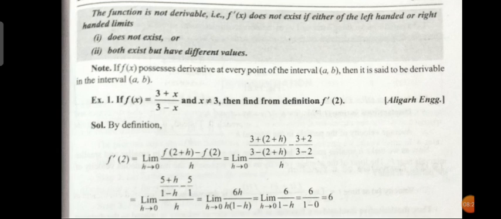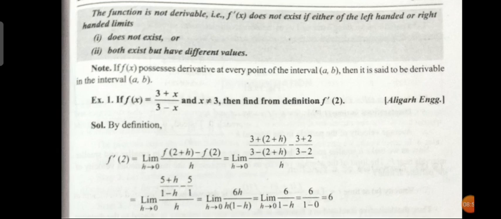So it becomes 3 plus 2 plus h by 3 minus 2 plus h, minus 3 plus 2 by 3 minus 2, all over h. It becomes 6h by h into 1 minus h, taking the LCM. Then the limit as h tends to 0 of 6 by 1 minus h is 6, the answer. So f dash of 2 is 6.